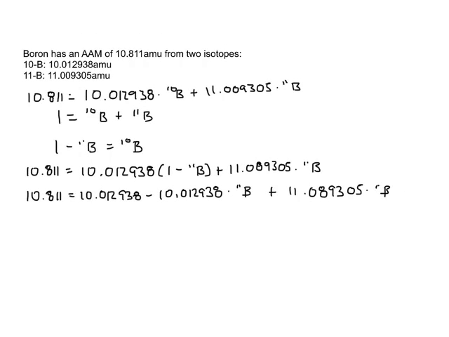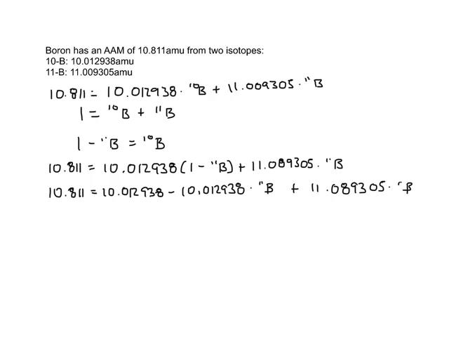Okay, so now we can see that. And now it's time to start collecting terms. I have minus 10.01293811B and plus 11.08930511B. So I'm going to go ahead and collect those two terms. So my equation now will look like this.